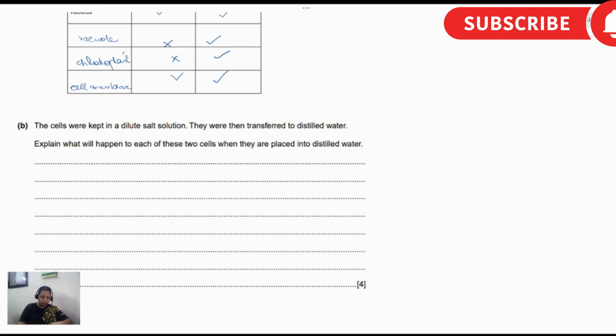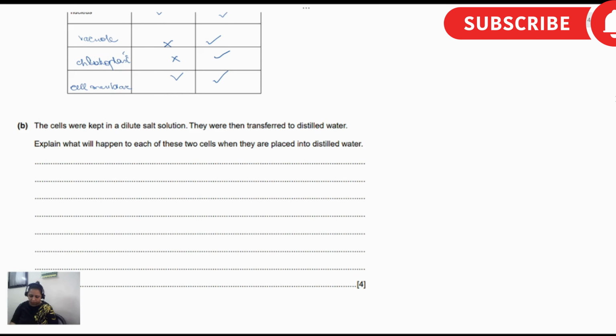Good, good. What will be the size of the cell? The cell size, sorry, growth.